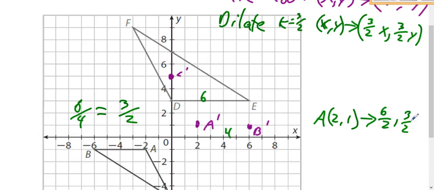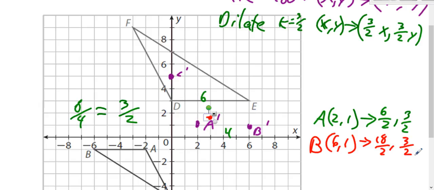So A is going to move to 3, comma, 1.5. B, which is currently at 6, 1, multiply by 3, divide by 2, that's 18 over 2, multiply by 3, divide by 2, you get 3 over 2. That goes to 9, 1.5.